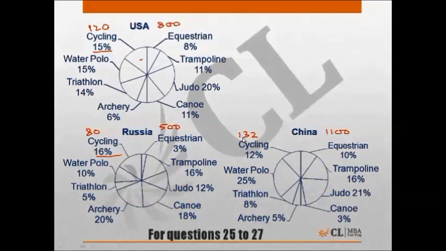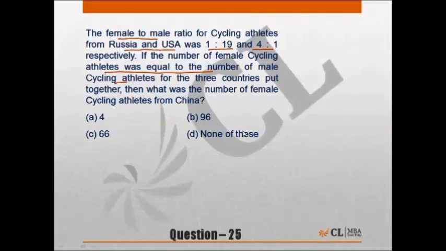So from Russia there were a total of 80 athletes for cycling, USA the total was 120, which adds up to a total of 200.